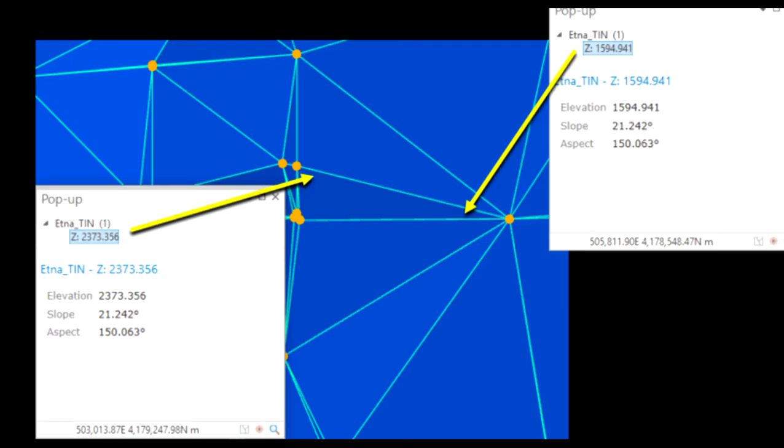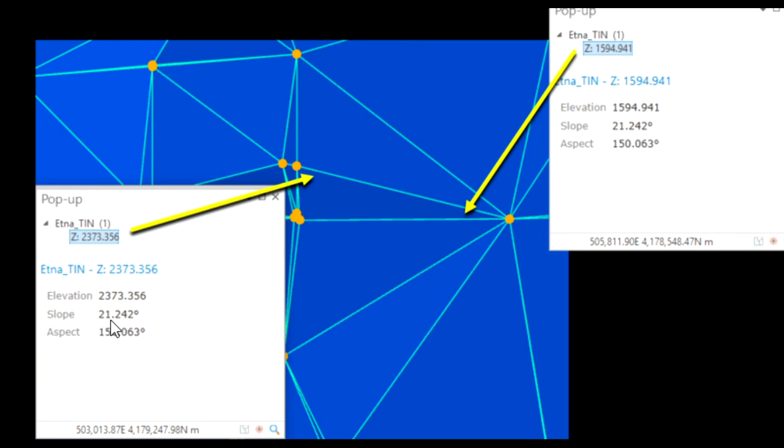Finally, what I want to emphasize in this particular image is how the triangular faces, the slope and the aspect along the face, are uniform, or are the same. What differs along the face, in terms of the points, is of course the elevation. What I mean by that is, inside this triangle, I can click anywhere, up there, over there, and we see the slope of this triangle is uniform throughout it.